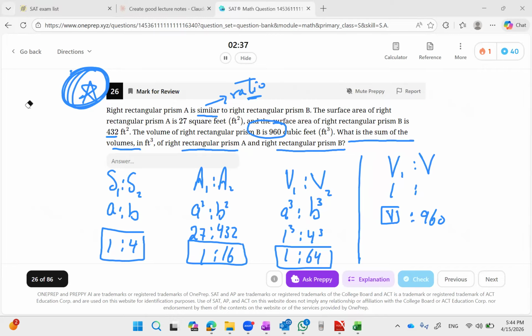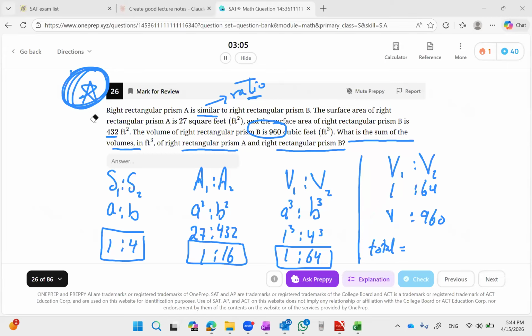Volume 1 to volume 2. I missed something there. You just divide or multiply by 64 to get to 960. So 960 divided by 64, not 16. I don't know why I'm insisting.